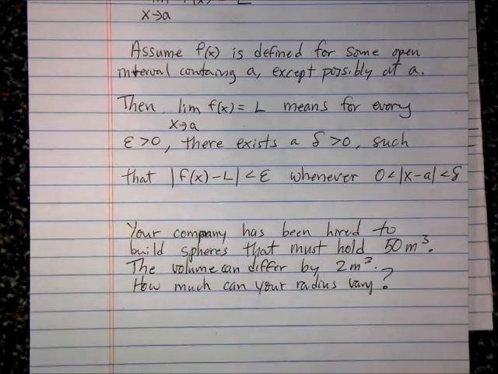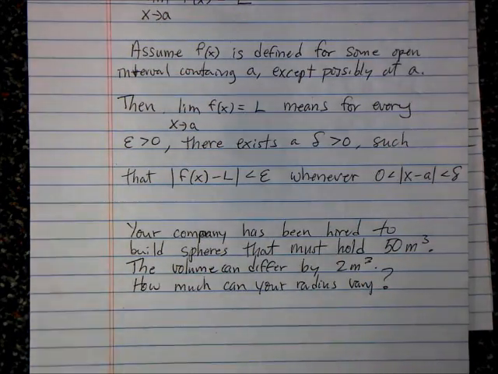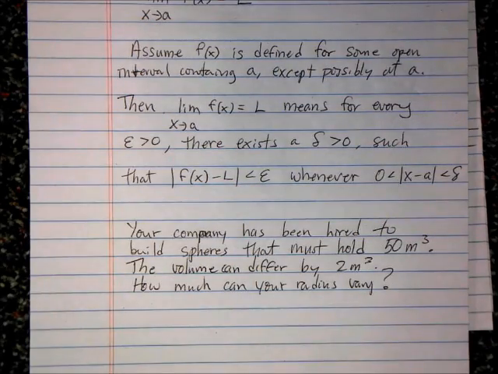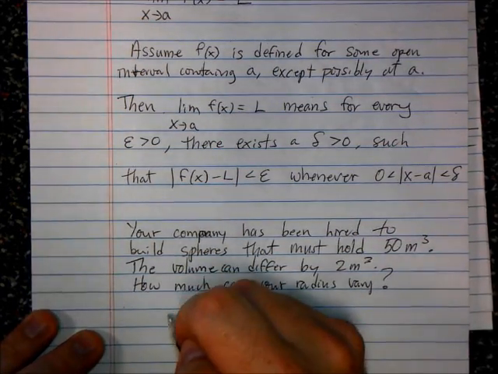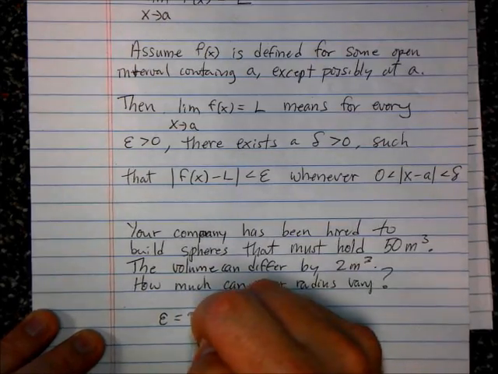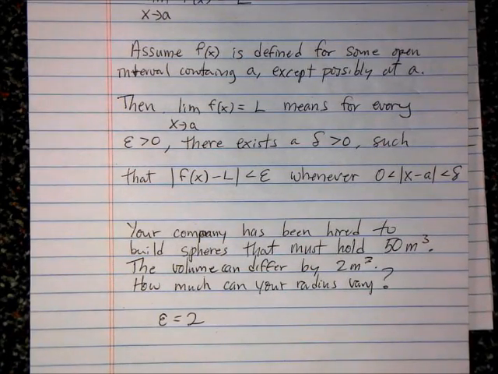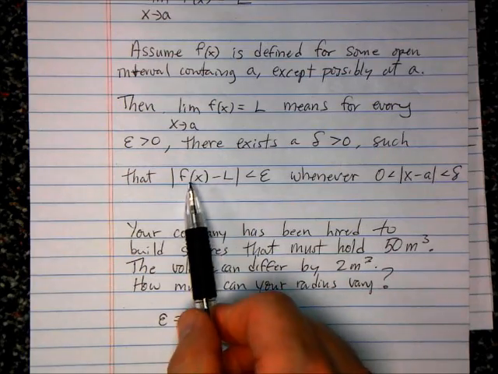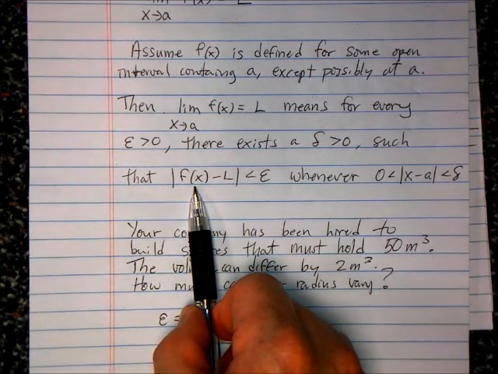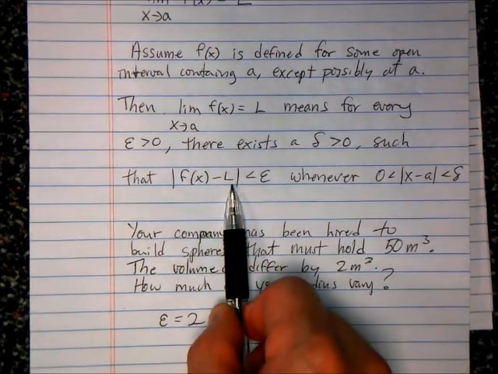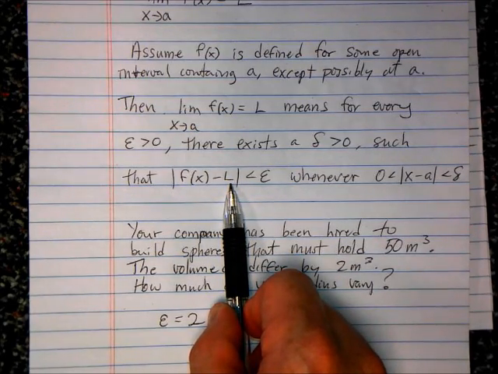So we could build our sphere a little bit too big or maybe a little bit too small. But how big and how small? Okay, so in this case, what you have done is you've told me epsilon has to be 2. My f of x, which is volume of the sphere, has to be within 2 cubic meters of L.